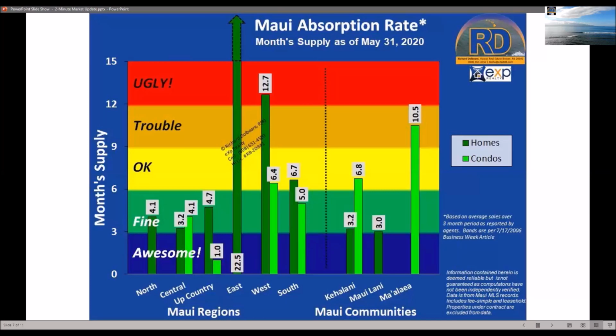In an ugly market, as contrasted to my awesome market in the blue zone, sellers are going to have great difficulty in selling. It's time for buyers to celebrate because there's going to be a huge supply of homes, very few buyers for them. Most likely you don't have to worry about competing offers, and so it's a heyday for buyers.